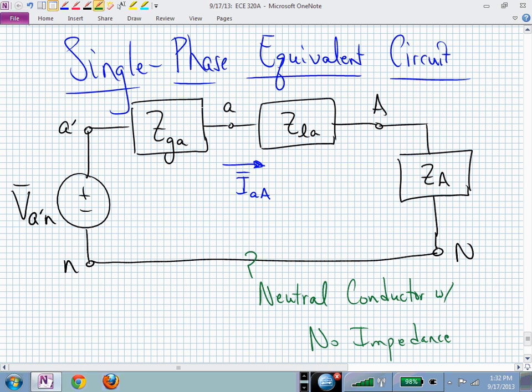Did he ask for the current in that circuit schematic's bottom conductor, or did he ask me for the current in my neutral conductor in my entire three-phase circuit? Is there a difference? Definitely. In this one, you're just looking at a third of the problem, aren't you? This will have a current flowing in it, but this is a single phase equivalent. In the three-phase problem, you have I sub AA, I sub BB, I sub CC all flowing in that neutral conductor.